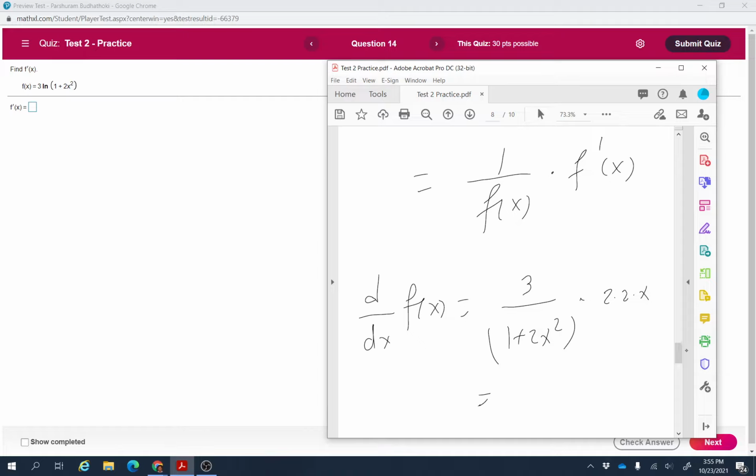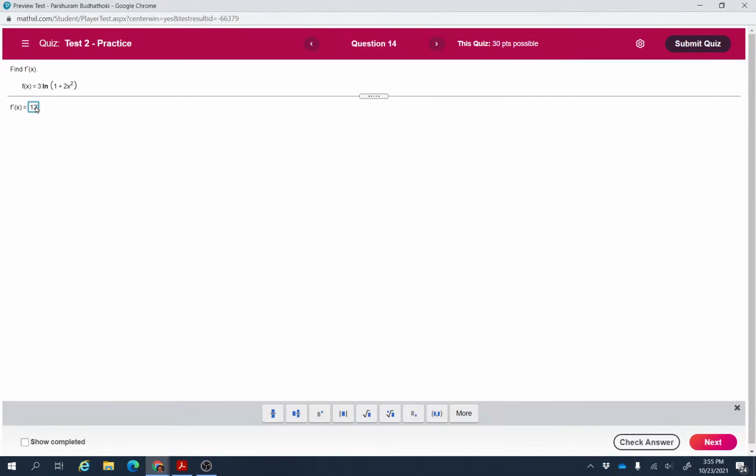So if you simplify this, it would be 12x over (1 plus 2x) squared. So that is the answer for this one.